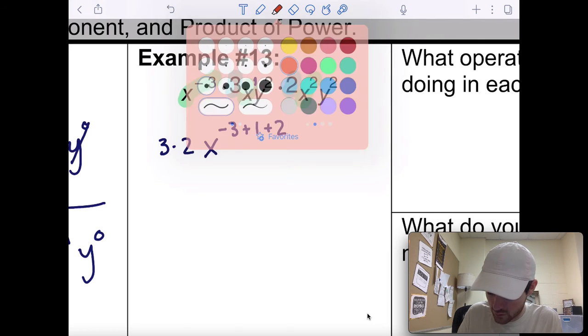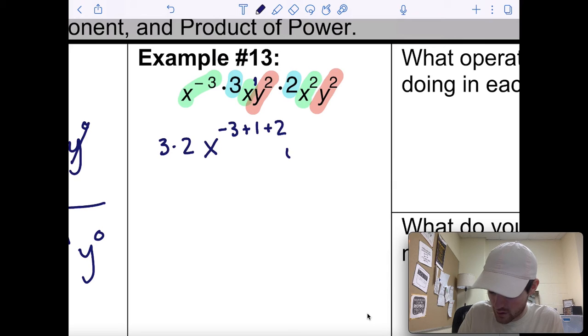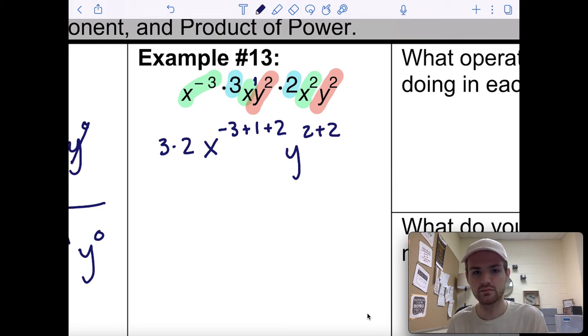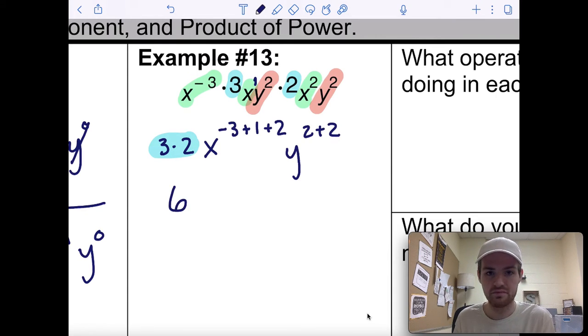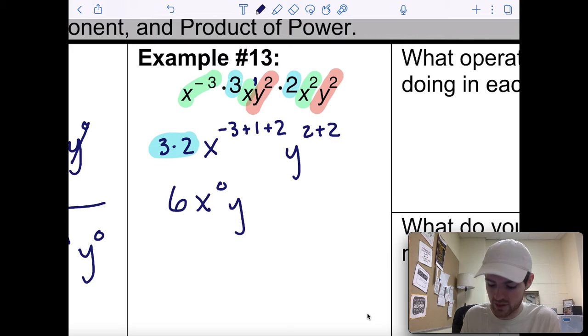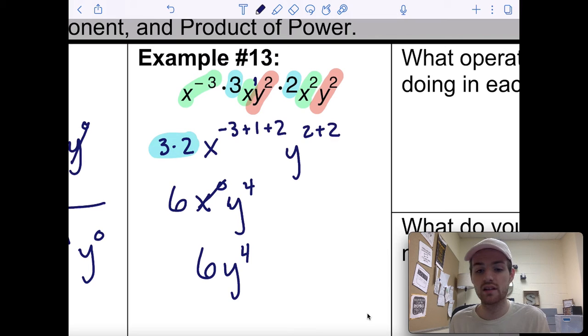And then the y's, I have y 2 plus 2. Three times 2, well, we can just do that math. 3 times 2 is 6. Then we have x negative 3 plus 1 plus 2 will give us 0. 2 plus 2 for y gives us 4. Cancel out that 0 exponent. My answer is 6y to the 4th power.